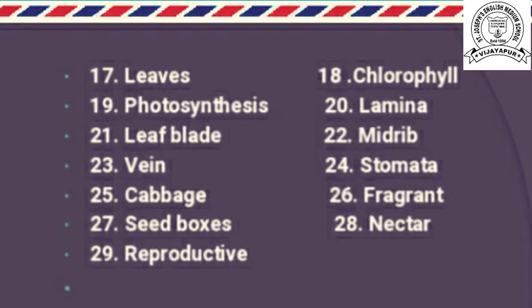It is present in flowers and is sucked by insects or birds. Now the last new word, 29, reproductive. Which part of a plant is called the reproductive part? Flower. So children, write all these new words in your science classwork and read also.